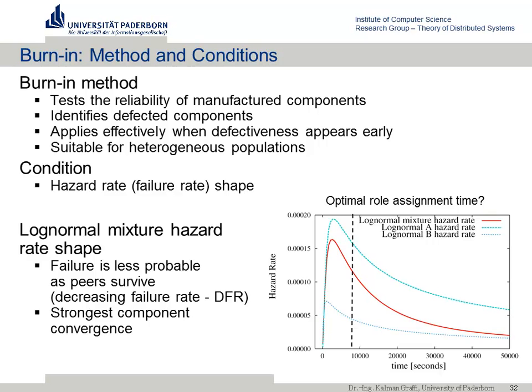So failure is less probable as peers survive, and that's a main idea that can be used to decide which peers to place at important positions in the network.